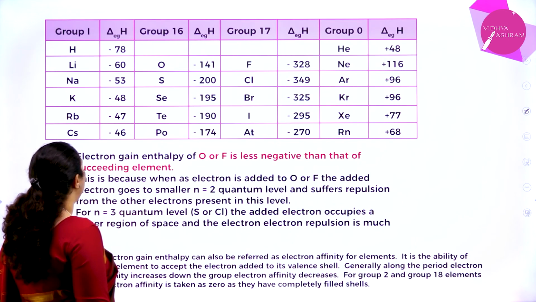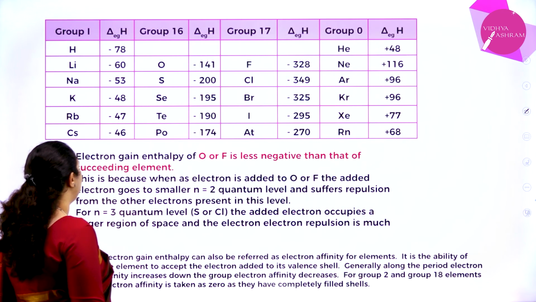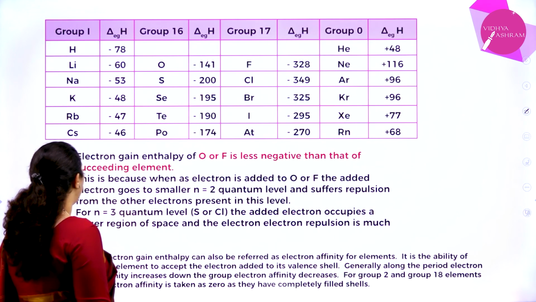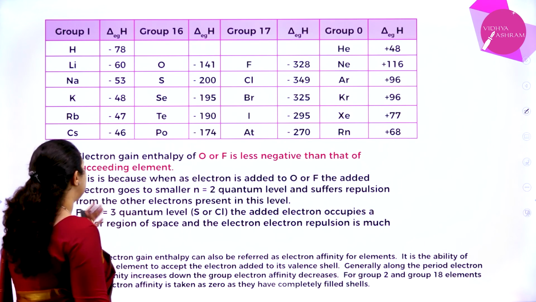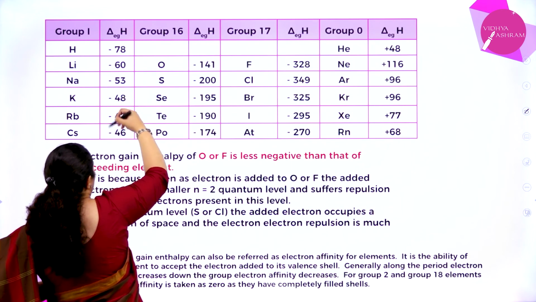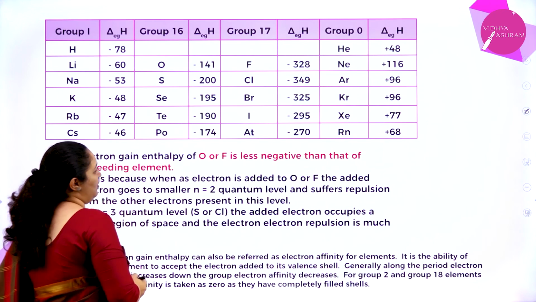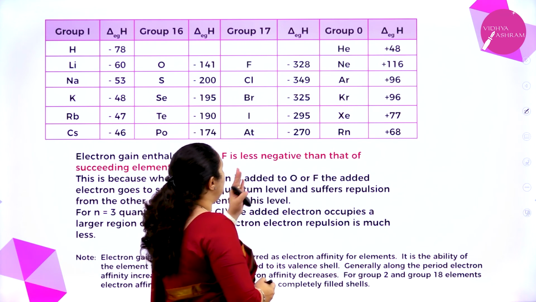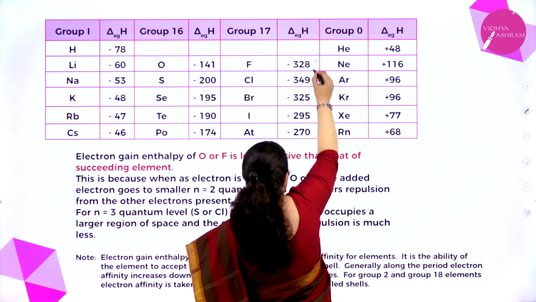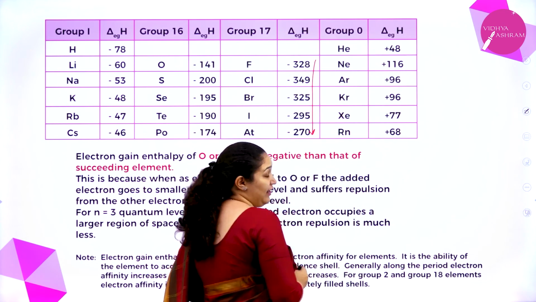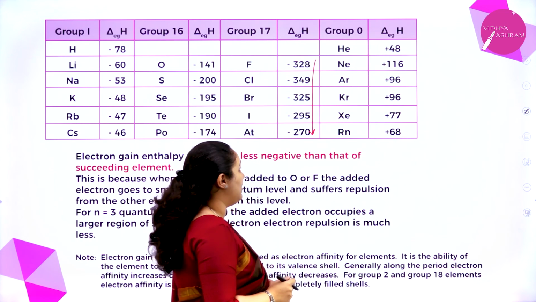Hydrogen minus 78, lithium minus 60, sodium minus 53, potassium minus 48, 47, 46. As we come down the group, you can see it is slowly reducing and then it is almost the same. Similarly, for halogens, as we come down, electron gain enthalpy is reducing.